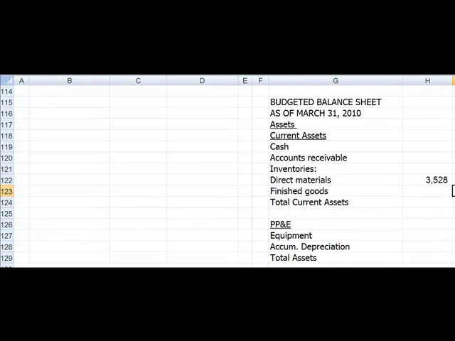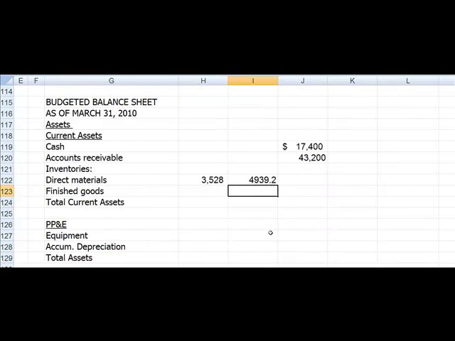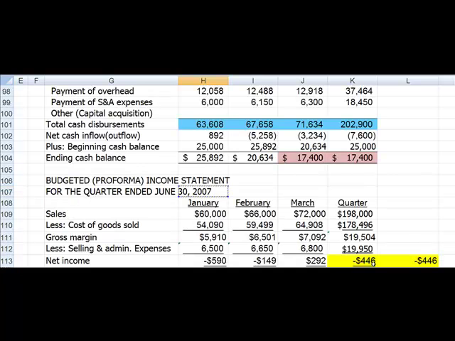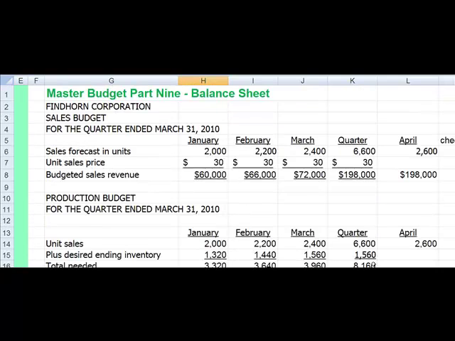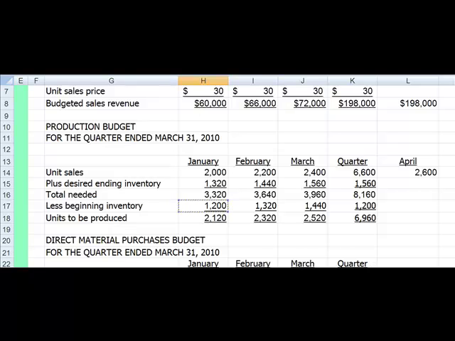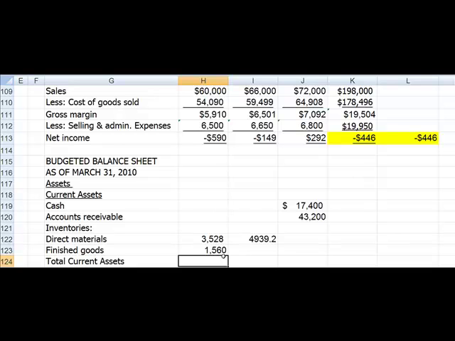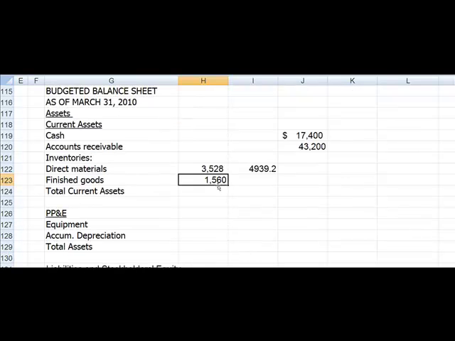And then the next item in our balance sheet is finished goods. And in our production budget, we determined what we wanted our desired finished goods to be. And here's our production budget, and we said desired ending inventory for the quarter, which was the same as the end of March, was 1,560. So we wanted to have 1,560 units available at the end of the quarter, and we're going to cost those out.